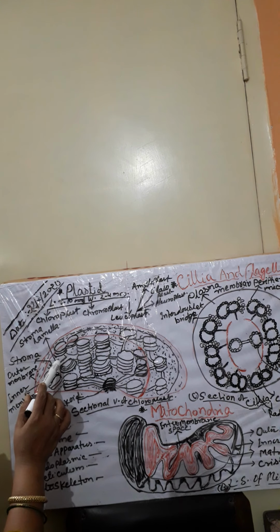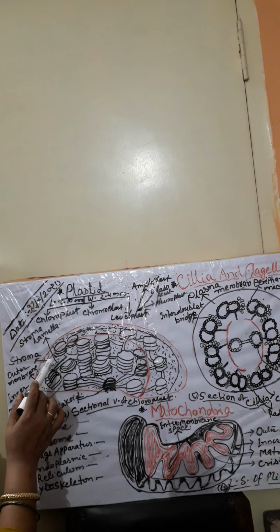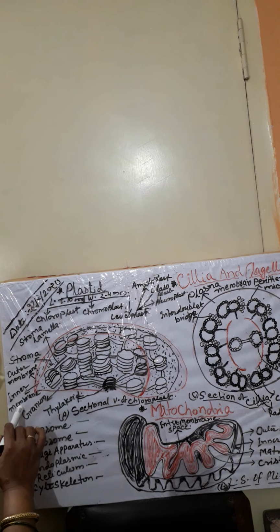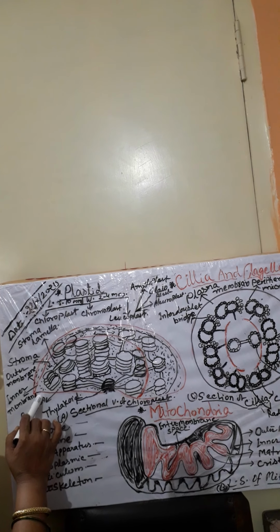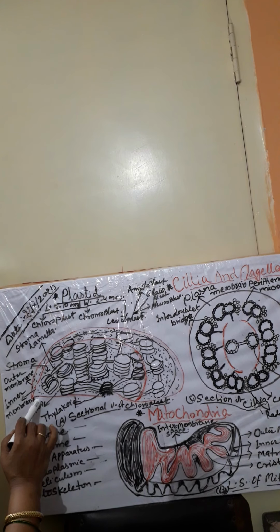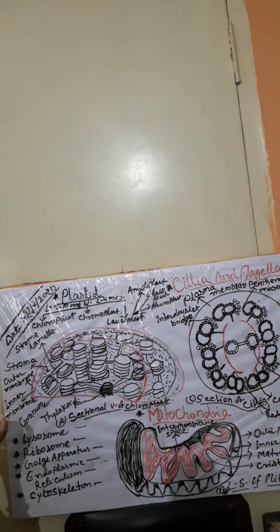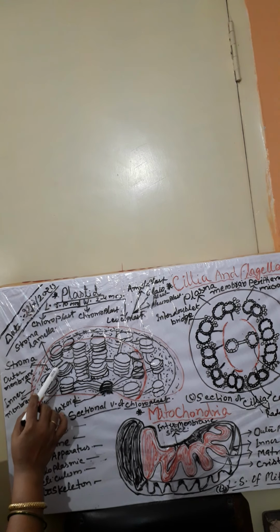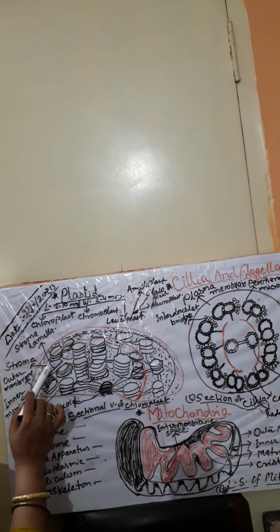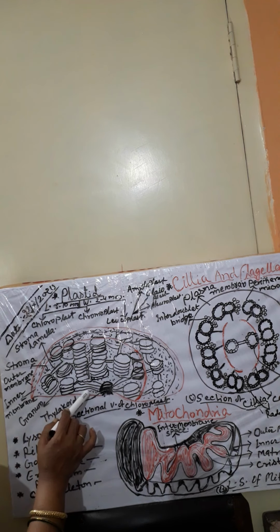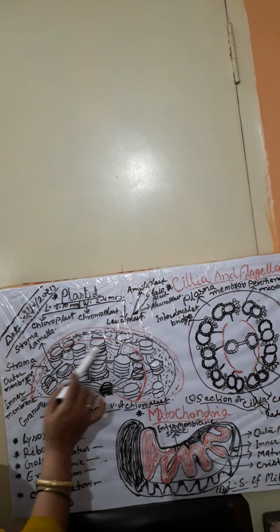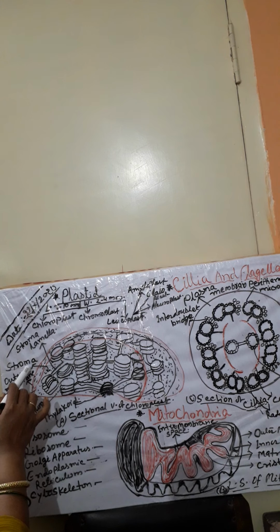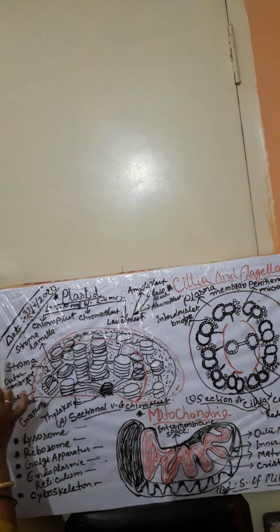The inner chloroplast membrane is relatively less permeable in nature. The space limited by the inner membrane is known as the stroma.